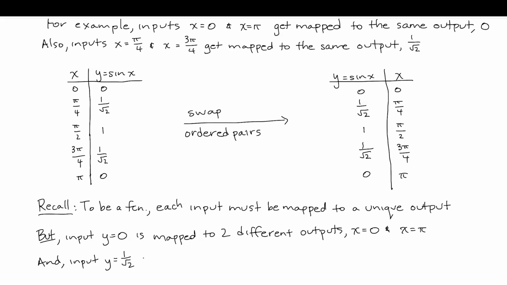And the input 1 over root 2, if somebody said, okay, my input is 1 over root 2, what's the output? I'm not sure what to tell them, because that input, at least even in this table, and we could expand on this actually, that input of y equals 1 over root 2 is getting mapped to two different outputs, pi over 4 and 3 pi over 4.